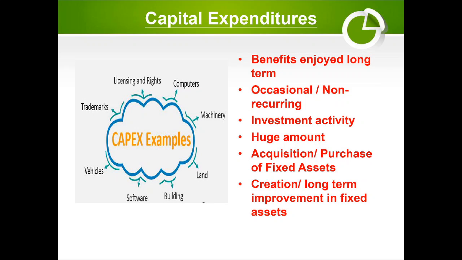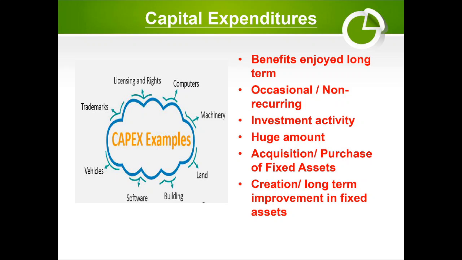Now what is capital expenditure? On the right hand side, from the figure of capex examples, we can see that computers, machinery, land, building, vehicles, these all are examples of tangible fixed assets. Similarly, licensing rights, trademarks, software, these are examples of intangible fixed assets.